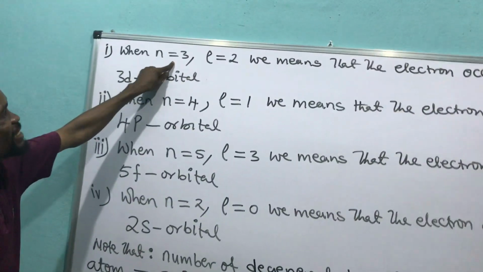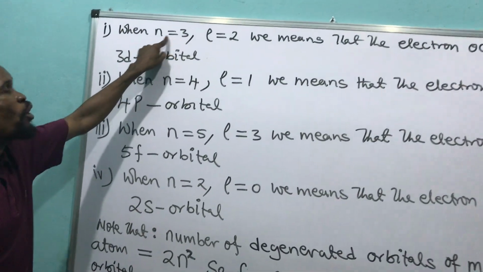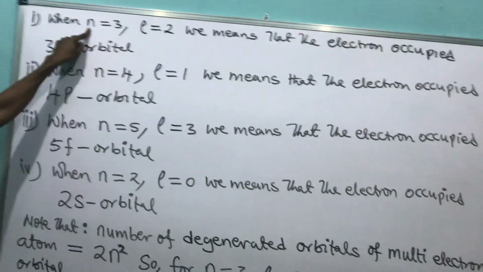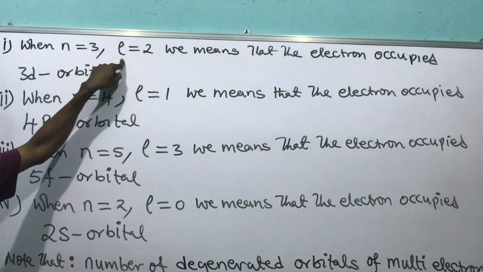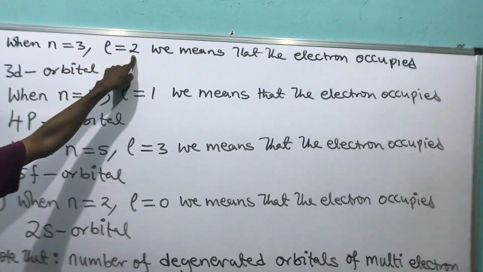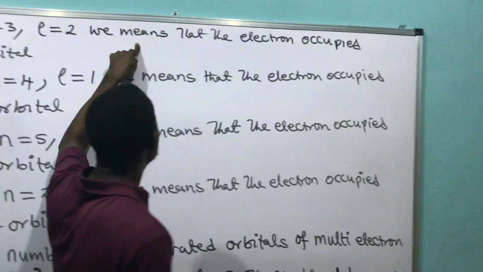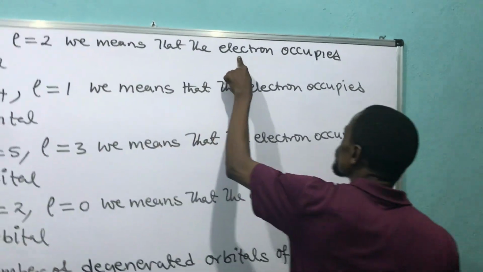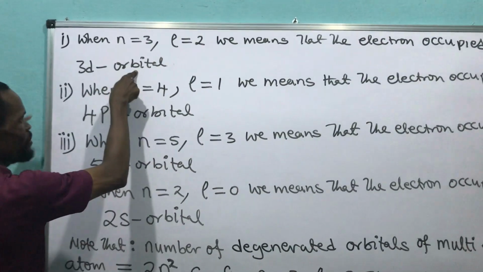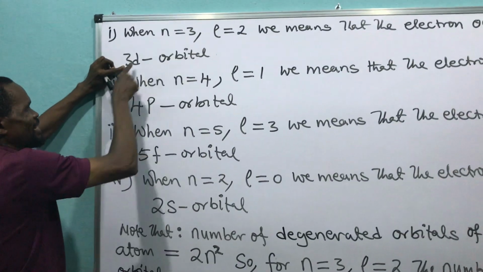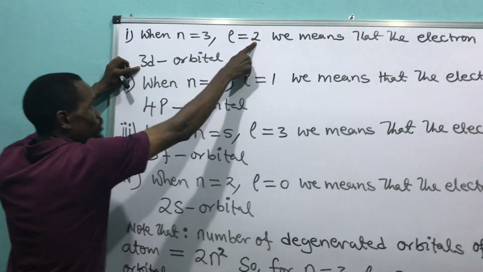When n is equal to 3, which we call principal quantum number, and the angular momentum quantum number equals 2, it means that the electron occupies 3d orbital. This one is 3, and this 2 stands for d.